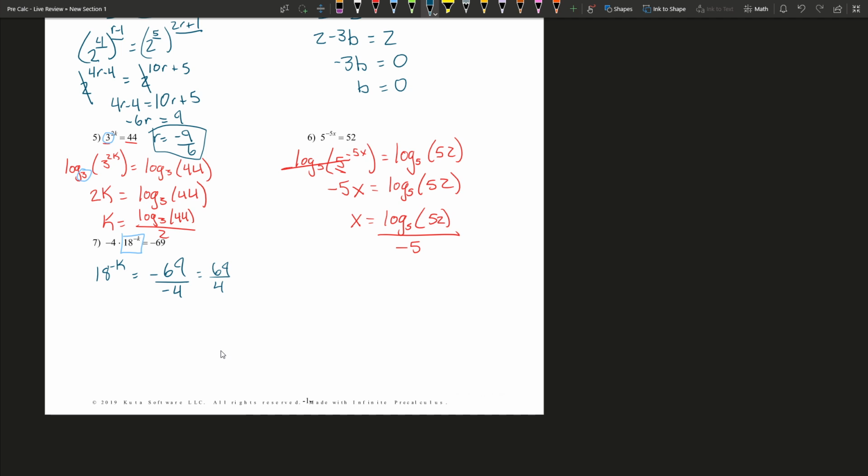And then we have to get this negative k by itself. In order to do that, we have to take the inverse of a base of 18. So we take log base 18 of both sides.